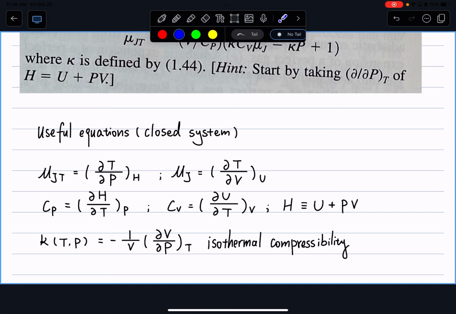Naturally, we can rewrite these terms to be equal to the partial derivative of T over V at constant U, and move this term to the right to be negative: the partial derivative of U over V at constant T.